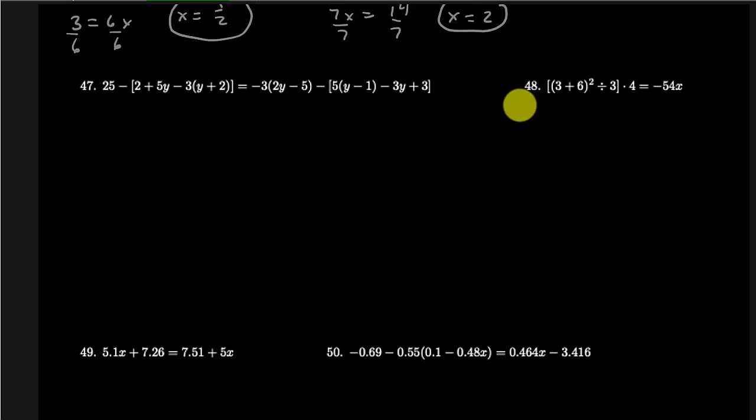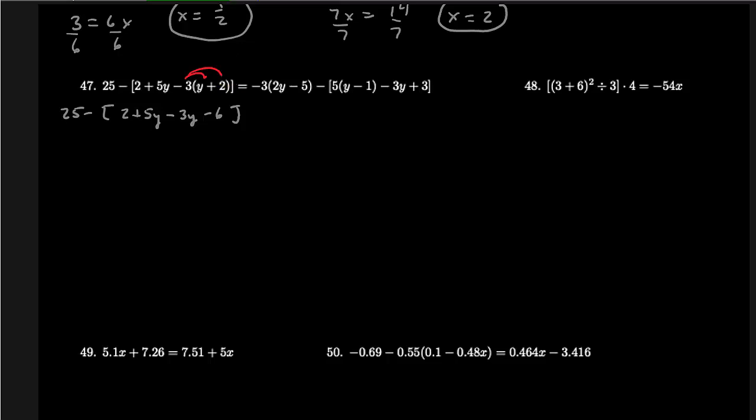All right, so let's look at this one. Oh, this looks like a lot of fun, doesn't it? All right, so here we've got 25 minus, and then that's going to be 2 plus 5y minus 3y minus 6. So what I did here is I cleared these parentheses in here.